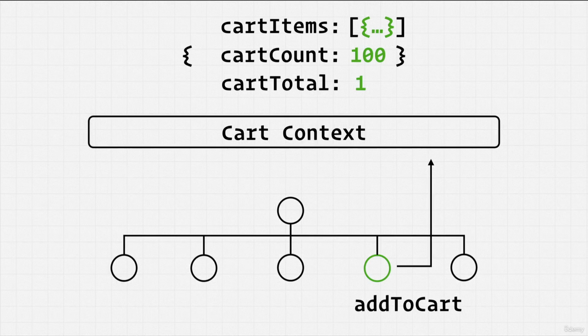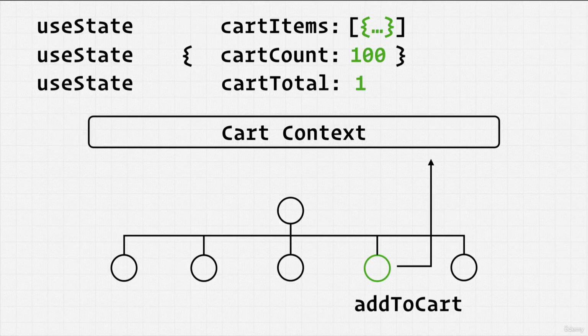And the way that we manage this inside of our cart context as a React component is we have those useEffects that trigger whenever the useState value of cart items changes. And if you remember, in fact, each of these three values are being stored as separate useStates. How they update is based off of useEffect. So there's a bunch of hook architecture that we've set up inside of cart context in order to make this work. So this is a very React-y way of updating these three values inside of our cart context.